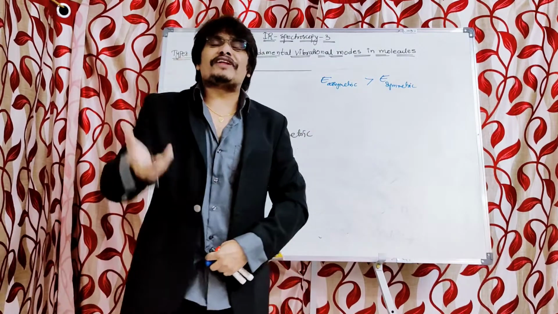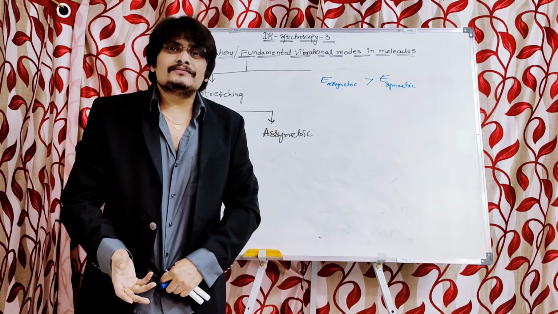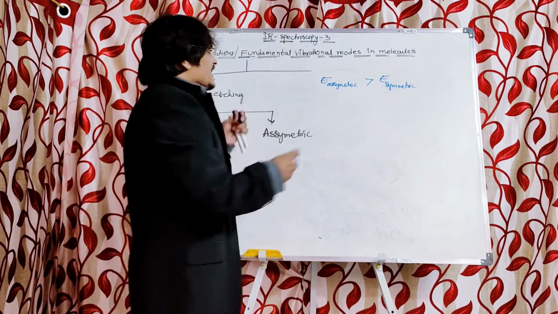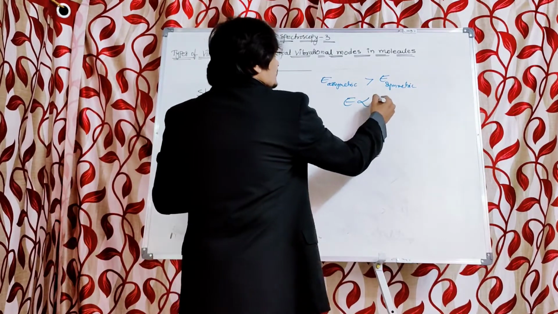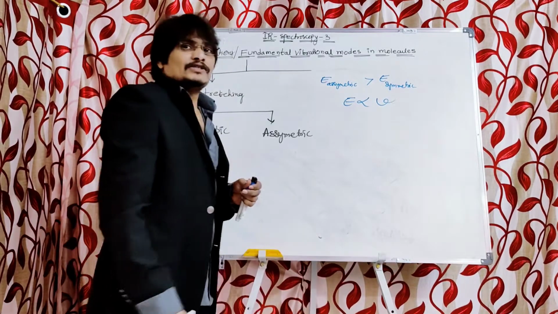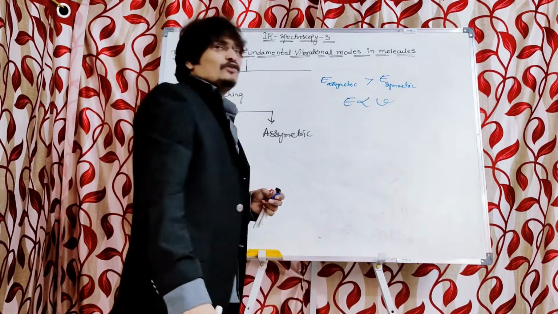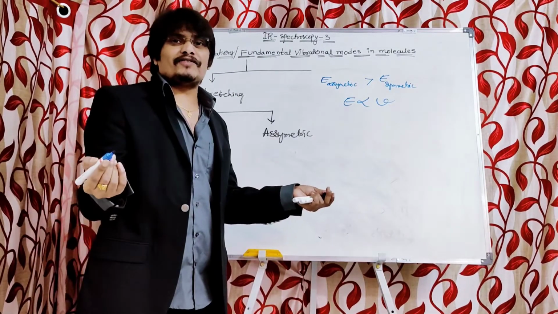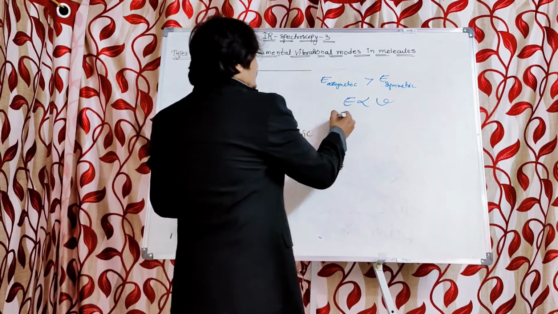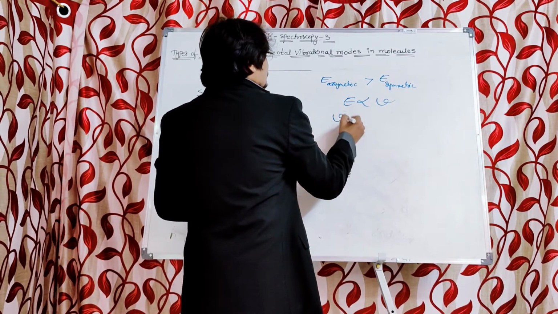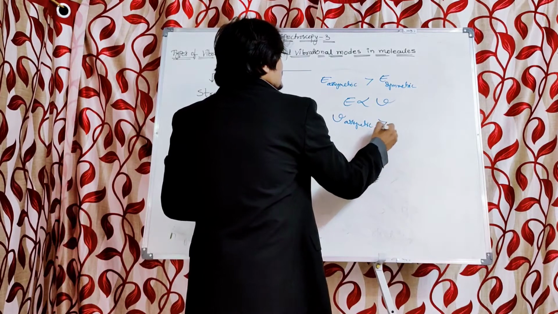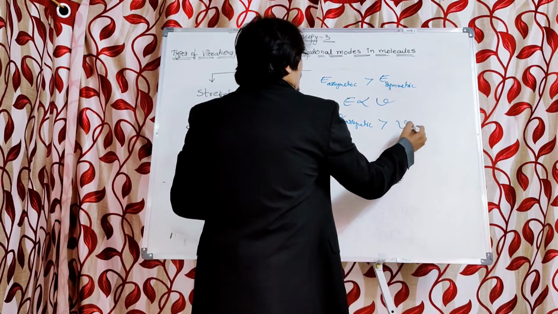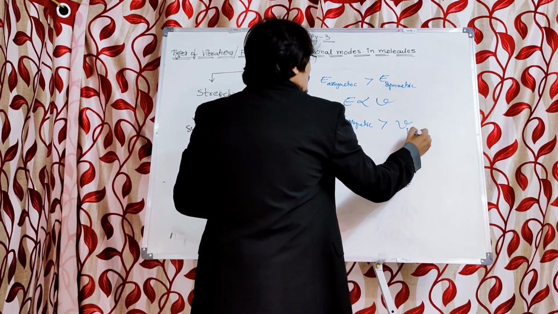Now what will be the frequency order? What we know is that energy is directly proportional to frequency. So since energy is directly proportional to frequency, definitely we can say the frequency of asymmetric stretching is more than the frequency of symmetric stretching.